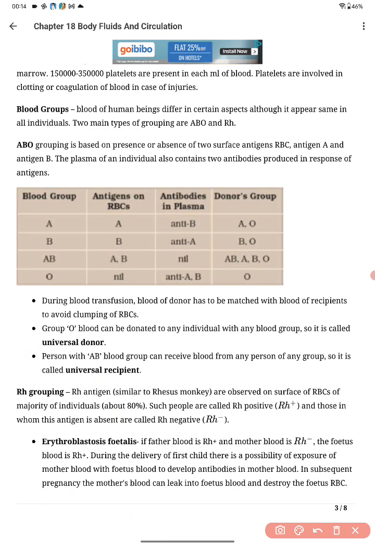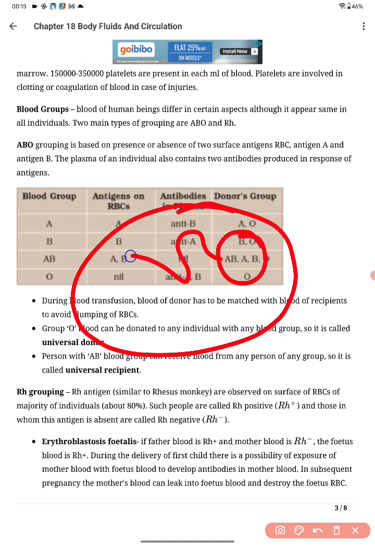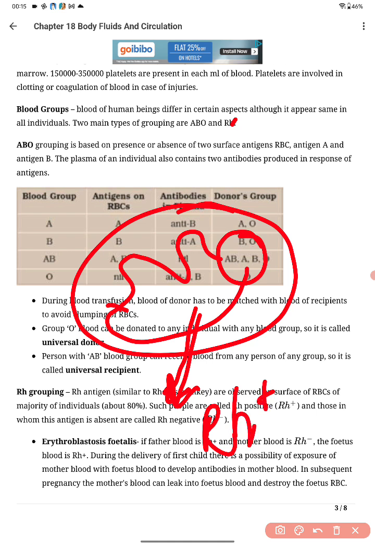Now the baby is in the mother's womb. When the baby is delivered for the first time, when this couple gets pregnant and the mother delivers the Rh positive baby, at the time of separation of the chorion and placenta from the baby and mother, some of the blood leaks into the mother's body.